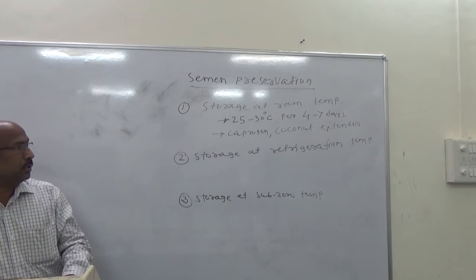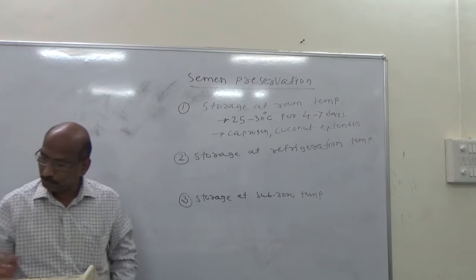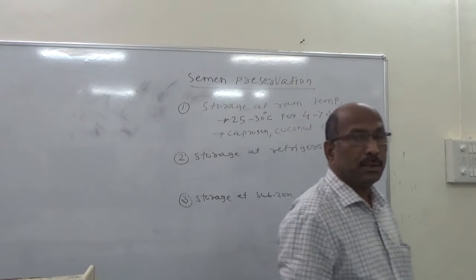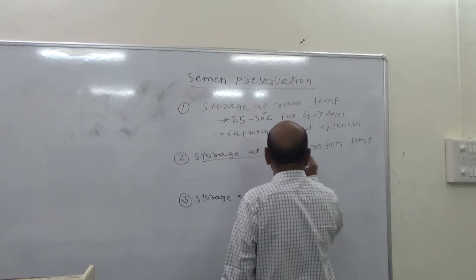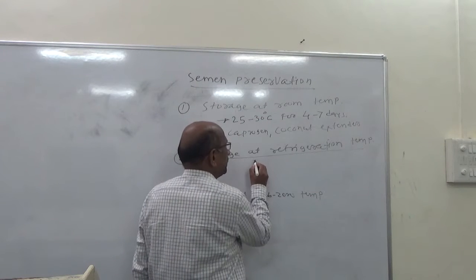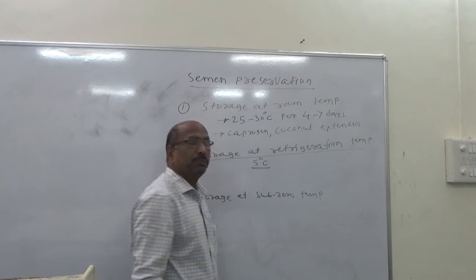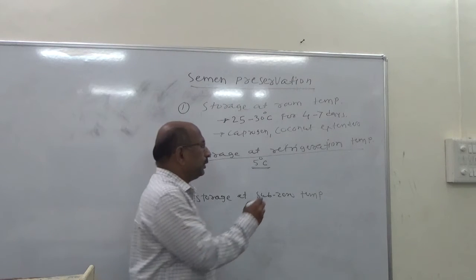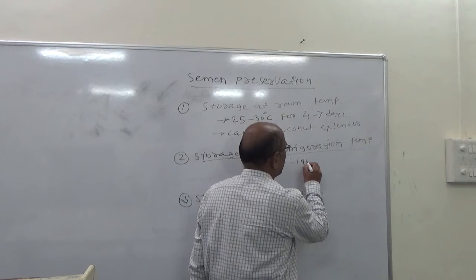Second is storage at refrigeration temperature. In refrigeration temperature, the semen can be preserved at 5 degrees centigrade. Semen preserved at 5 degrees centigrade in refrigeration is known as liquid semen.